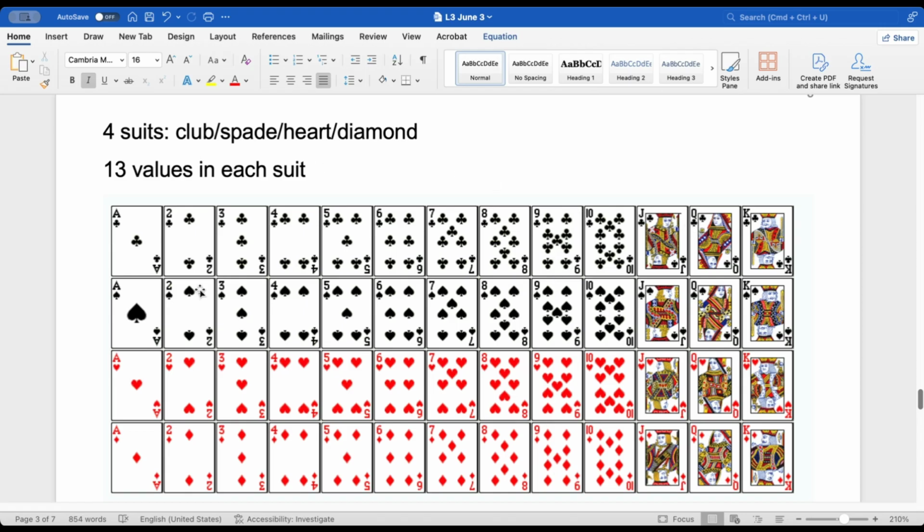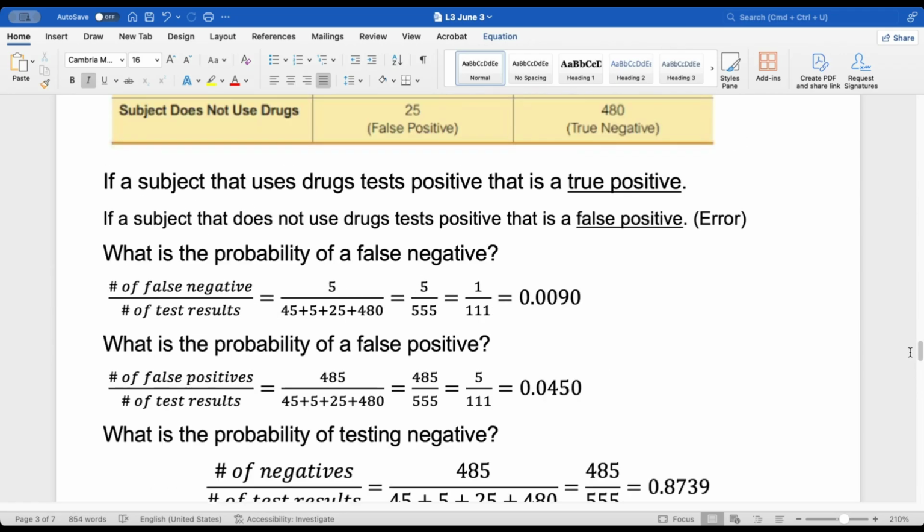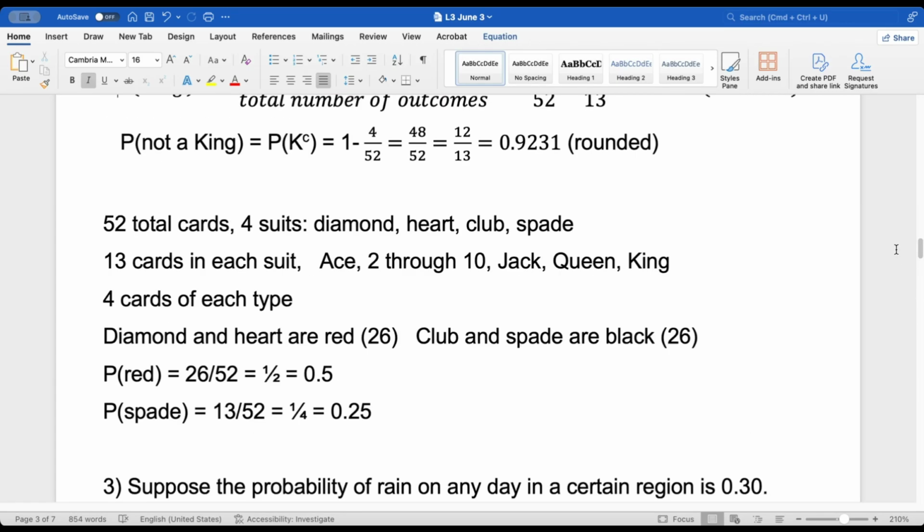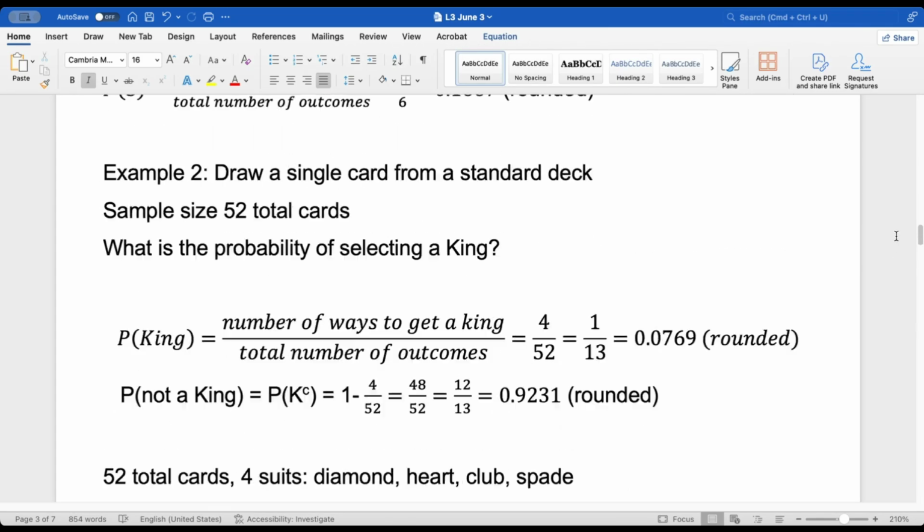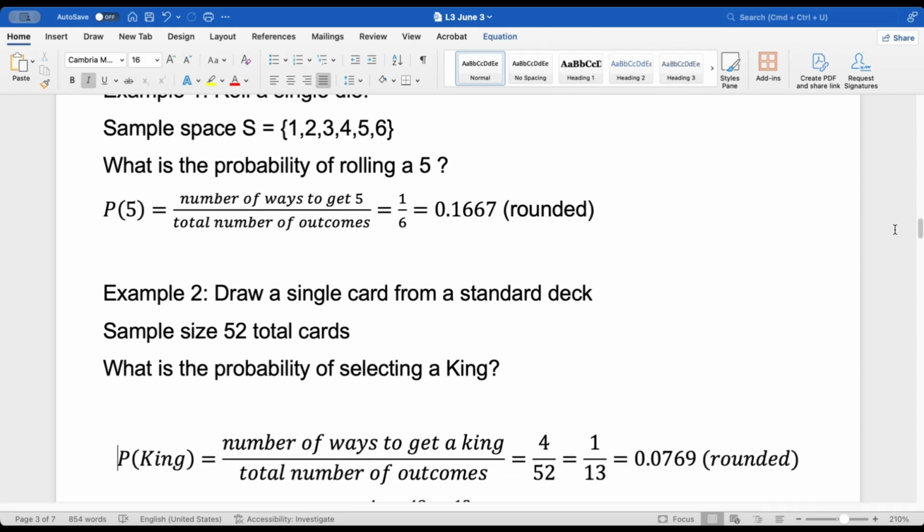There are 4 aces, 4 twos, 4 eights, 4 jacks, and so on. So the probability of a king: there are 4 kings out of a total of 52. So that's 4 out of 52.